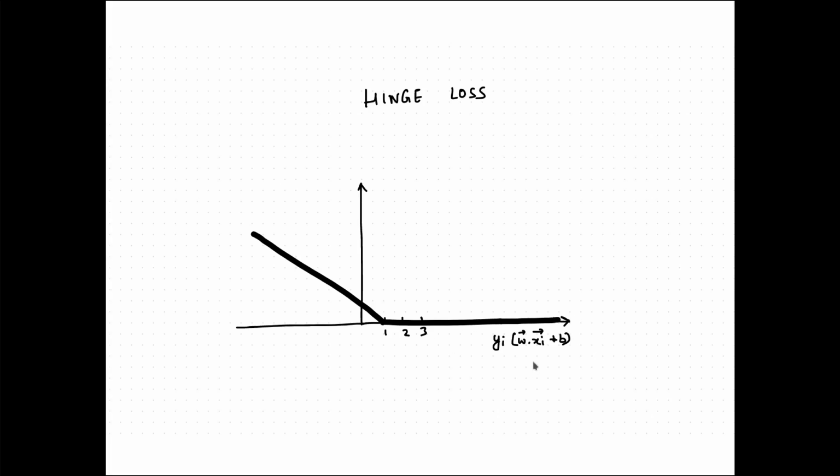If we plot yi times (w xi plus b) on the x-axis, and we plot the loss on the y-axis, the loss is 0 for all yi (w xi plus b) greater than or equal to 1. At 1, it changes value rapidly from 0 to something which is now proportional to the actual distance, or the actual penalty that we want to put.